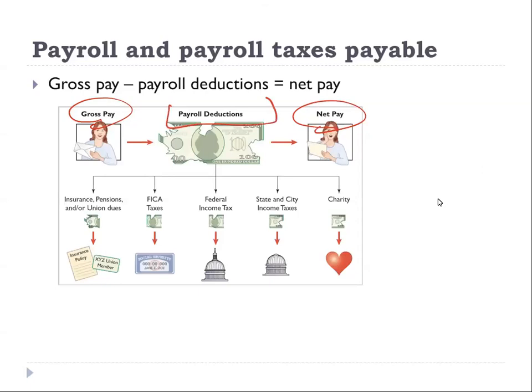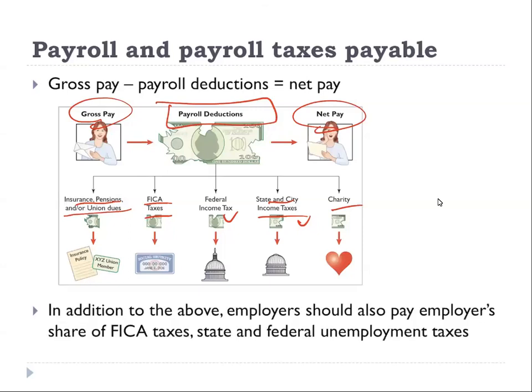The difference is your payroll deductions. What is included in the payroll deductions? Your federal income tax is withheld from your pay, state and city income tax, and FICA tax, insurance, pensions, or union dues, and any charities you choose to donate to. Those are withheld from your payroll, and those are called payroll deductions.